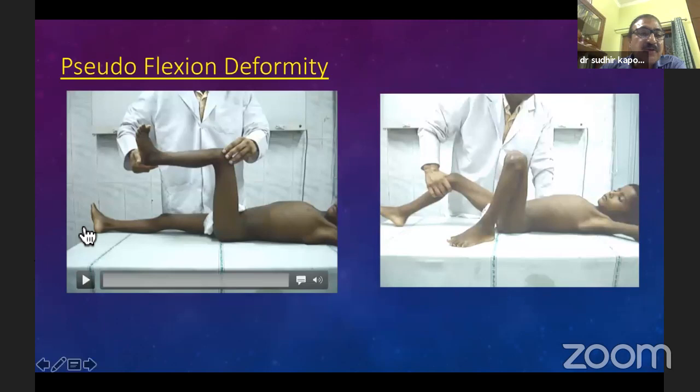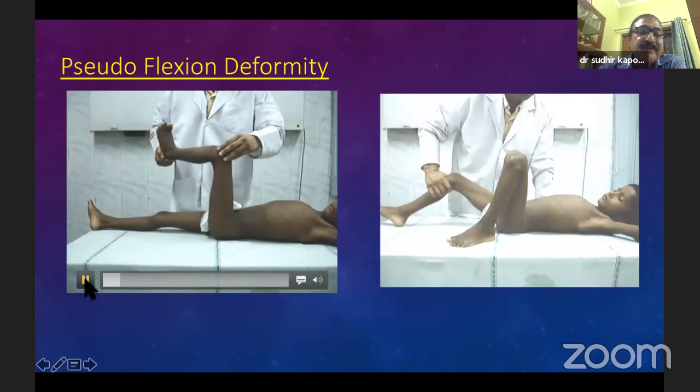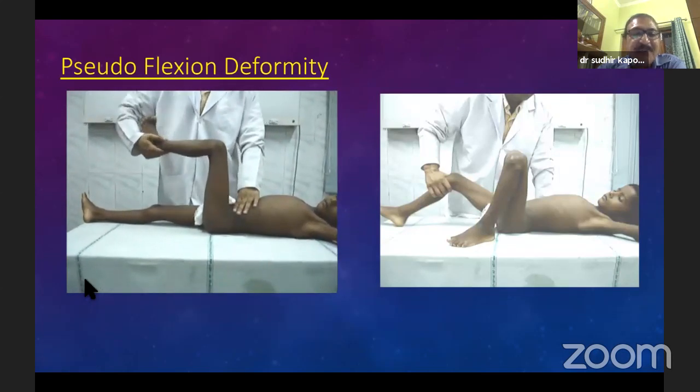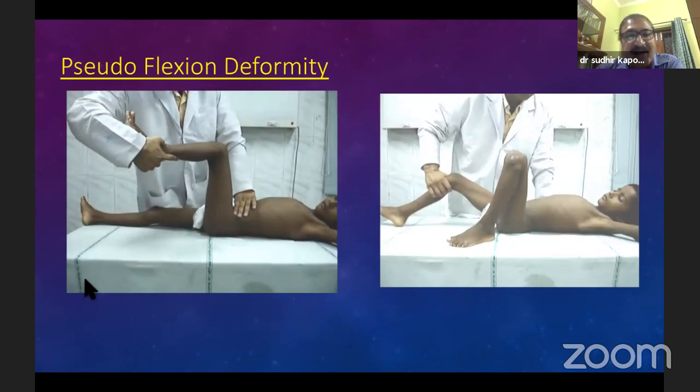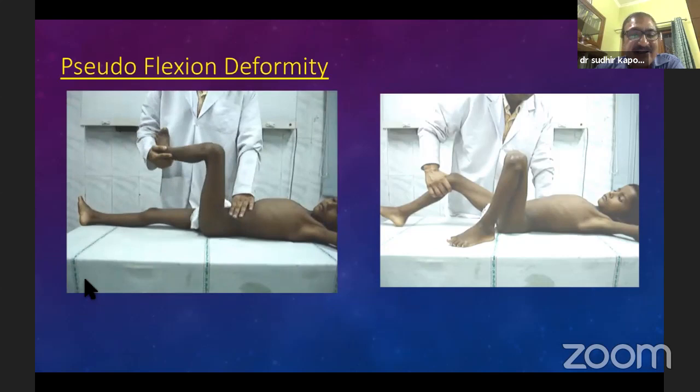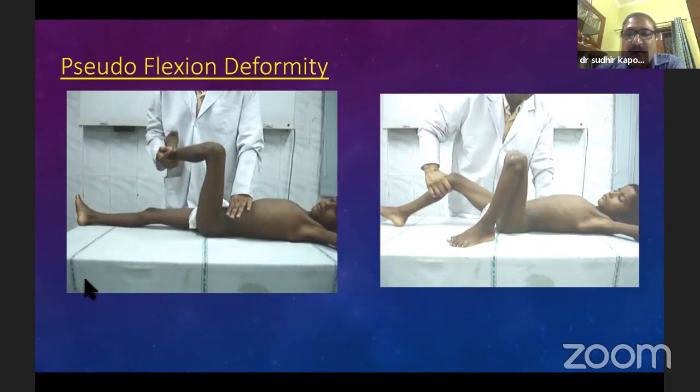In a case of pseudo flexion deformity, when the disease is not in the hip joint, the rotations will be free and painless. In this patient, rotations are free and painless. If the patient had hip joint disease, the rotations would have been painful.